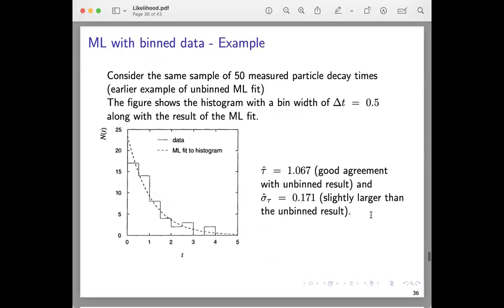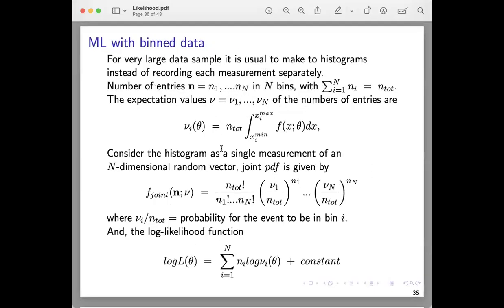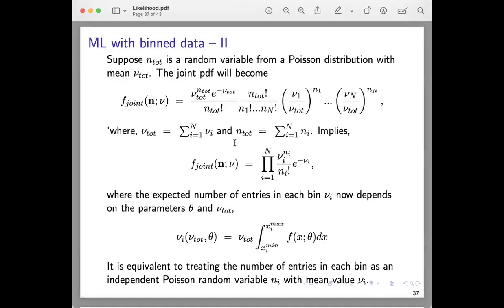So in this case, we did not treat the n total as a Poisson variable. But now, if we treat again that the n total itself is a Poisson variable, with the actual mean being nu total, then you will again have to multiply this additional Poisson distribution for the n total, given nu total is the expected mean.